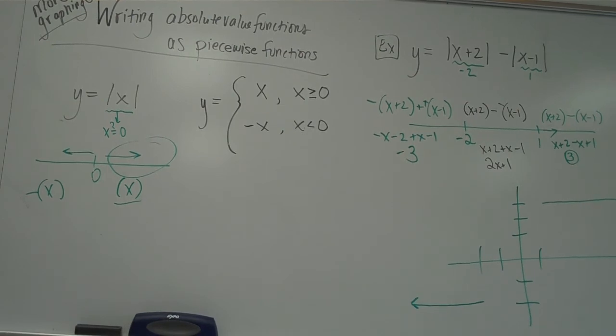Negative 2 times 2 is negative 4, plus 1 is negative 3. Cool. At negative 2, I can start right there, where I ended on the horizontal line. And when I plug in 1, 2 times 1 is 2 plus 1 is 3, I finish here. And I know that it's a line, so I can just connect it.